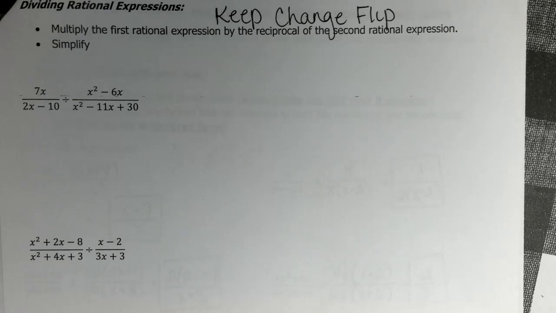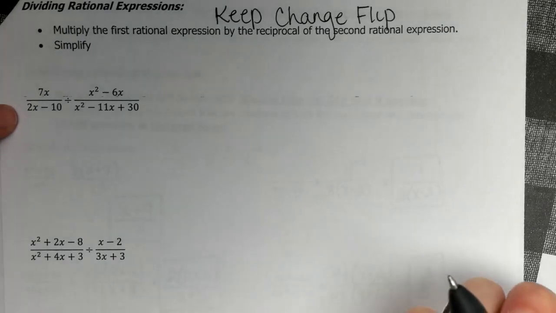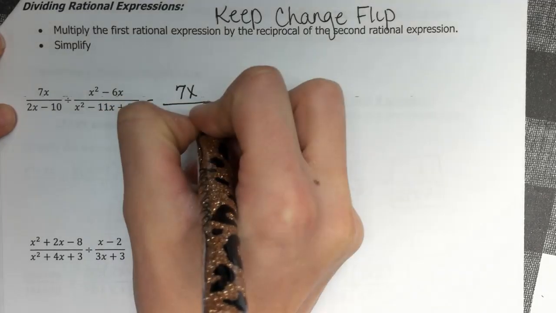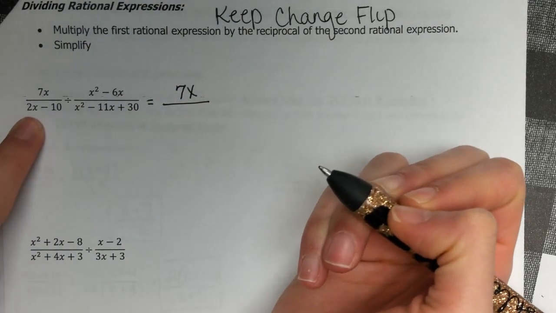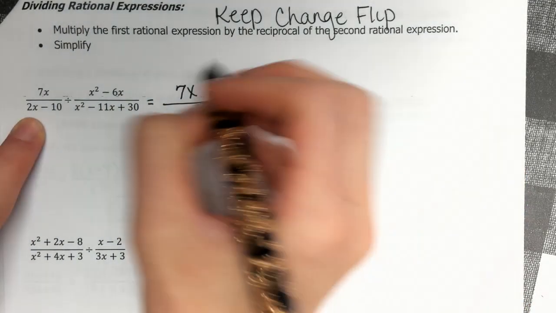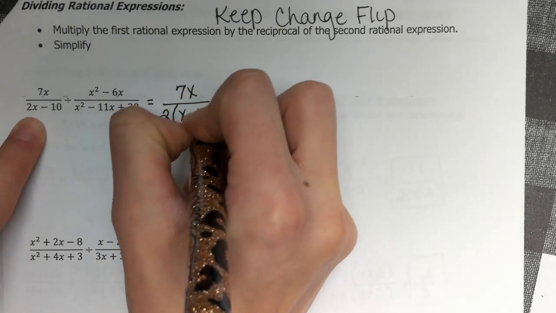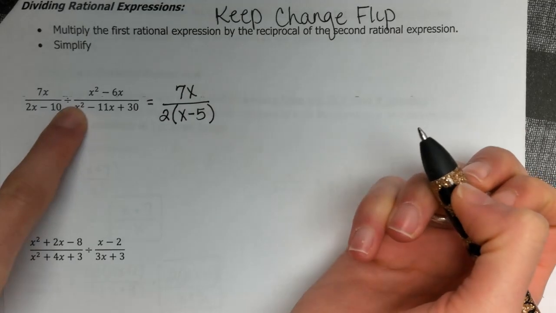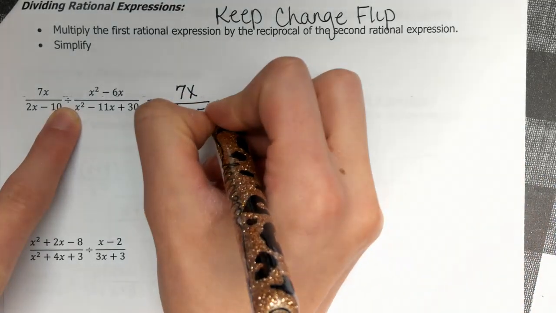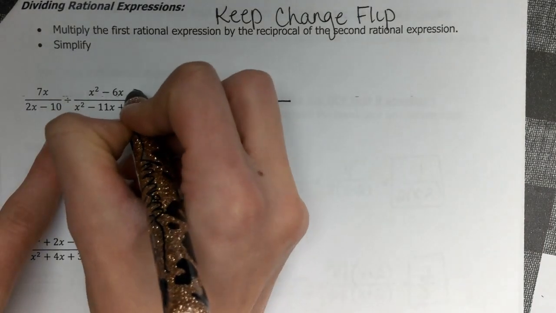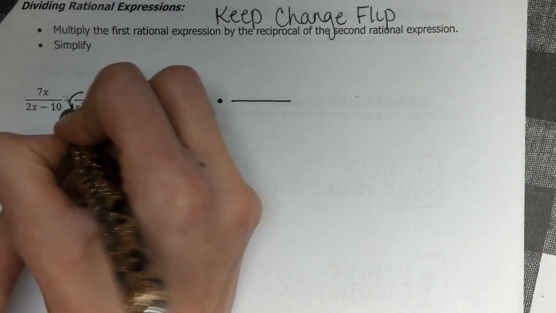Okay? So, if I have 7x over 2x minus 10, I'm going to have 7x over, what do I take out? A 2, and that leaves me with x minus 5. Now I got a division. I'm going to change that to multiplication, and then I'm flipping these two.